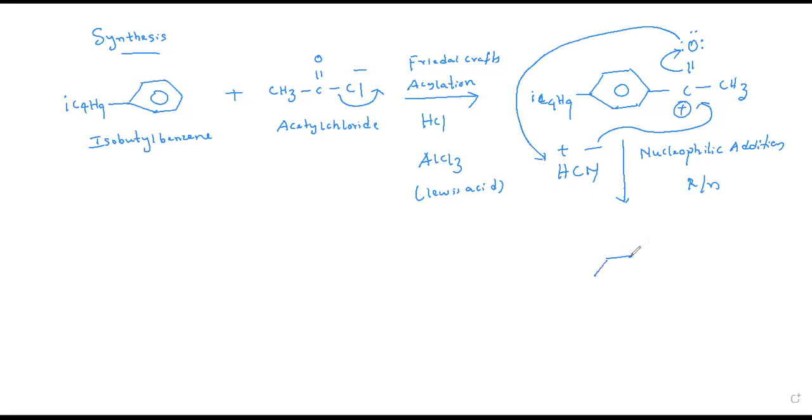Therefore, you will get the same benzene ring, isobutyl group, followed by C single bond. As you transferred one pi bond towards oxygen, you will be left with a single bond oxygen OH, followed by CN, and CH3. So this is a perfect nucleophilic addition reaction where the addition of hydrogen cyanide has been completed.